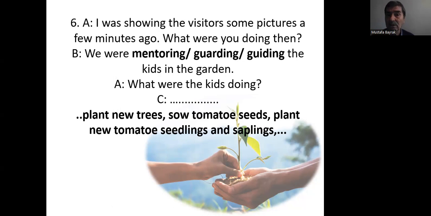Okay. What were the kids doing? The kids were planting new trees. Oh, and some of the kids were sowing tomato seeds, and some of them were planting tomato seedlings and saplings.